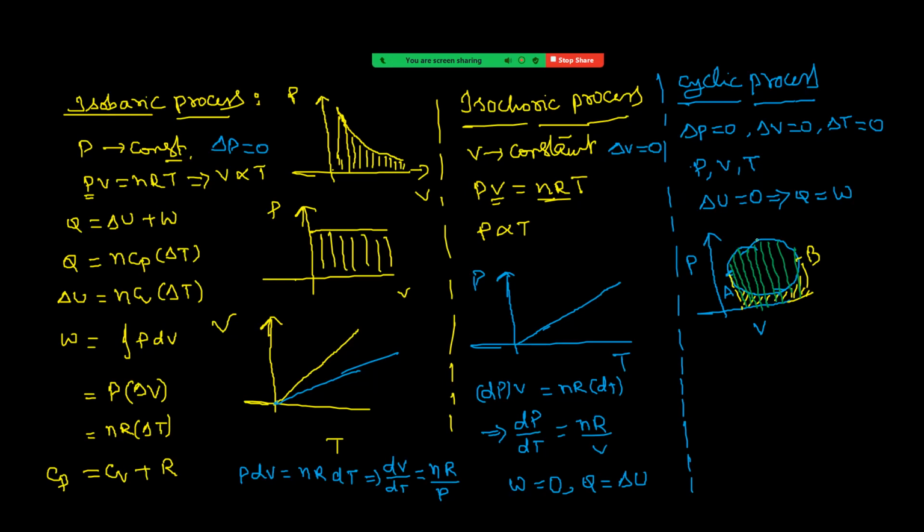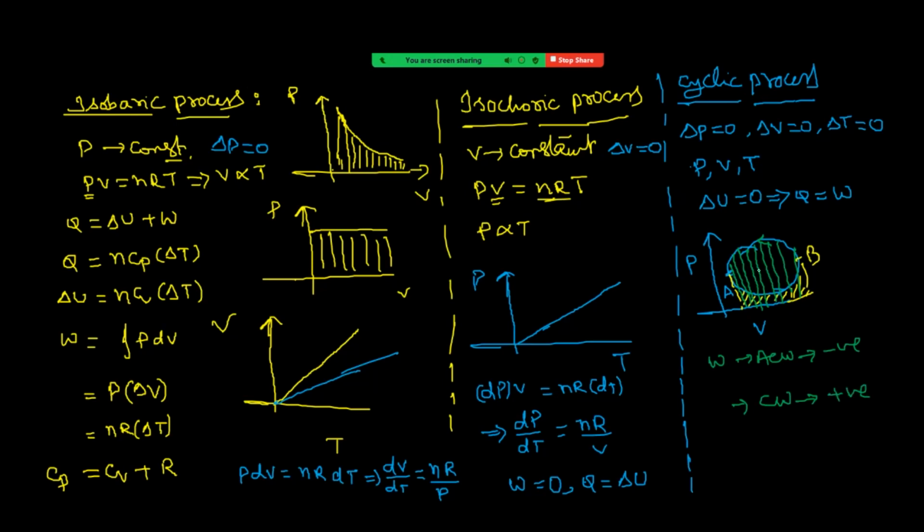That means the net value is negative. So how to say that? If it is anti-clockwise, work done is negative. If it is clockwise, work done will be positive.